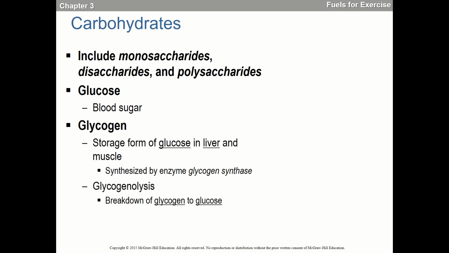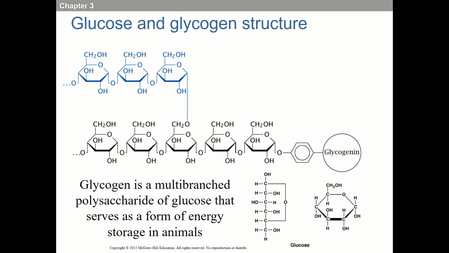So you would do glycogenolysis and then glycolysis whenever we're doing high intensity exercise. Hopefully that makes sense. Here's just another bit of a term for glycogen, and I'm going to show you a picture that I think is fairly cool.